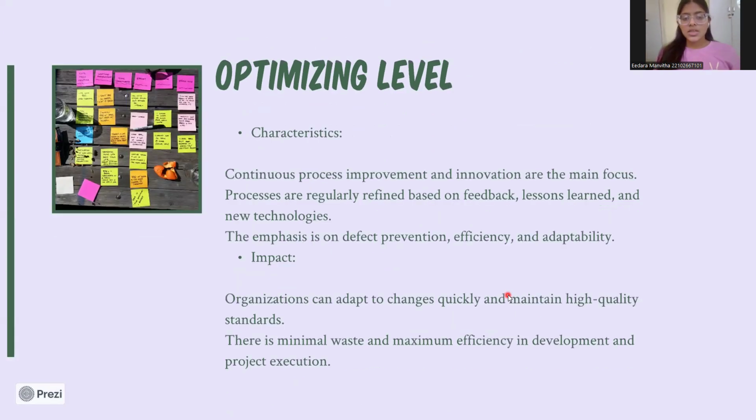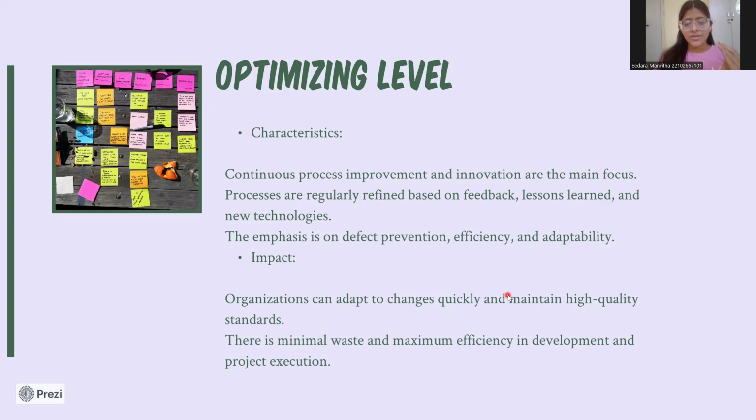The characteristic of this level is continuous process improvement. We learned about optimization techniques in the last one, where each technique is further divided and classified in a very optimized and perfect manner. Continuous process improvement and innovation are the main focus.